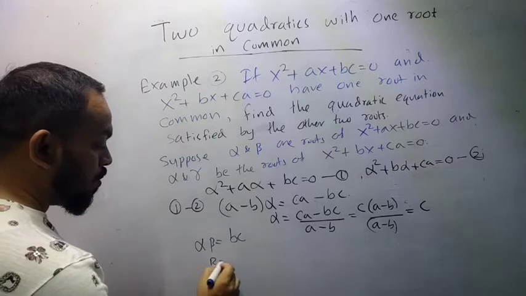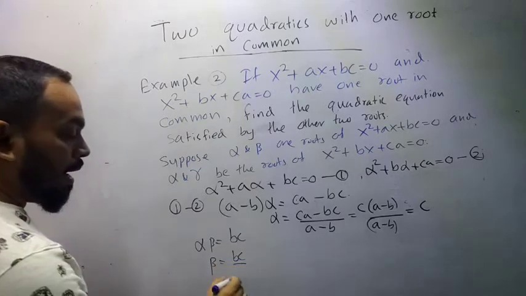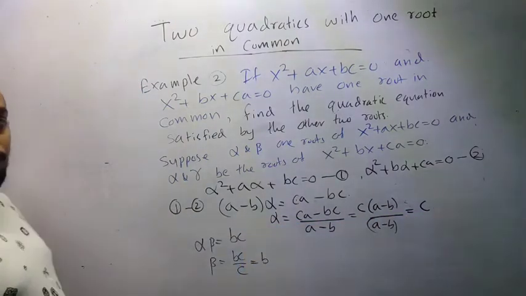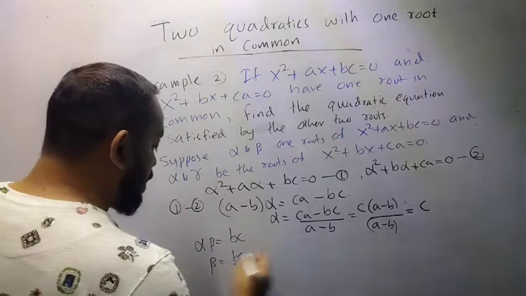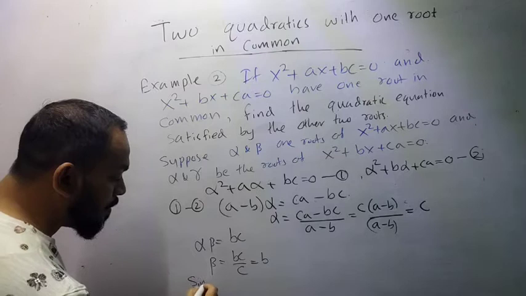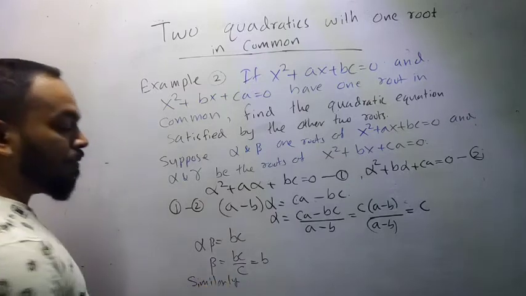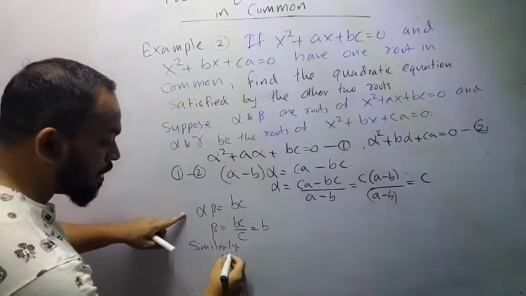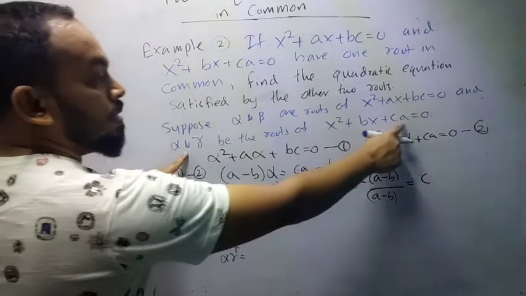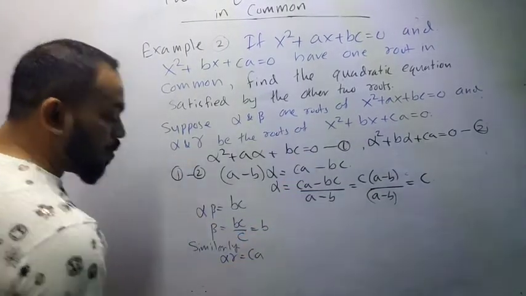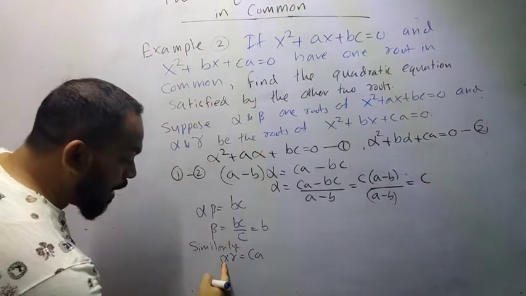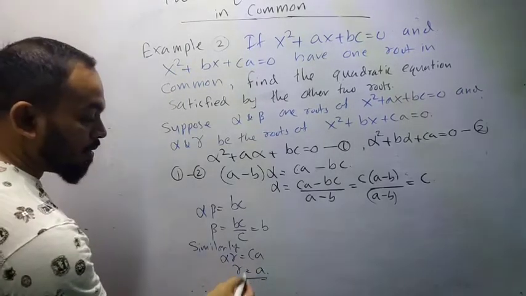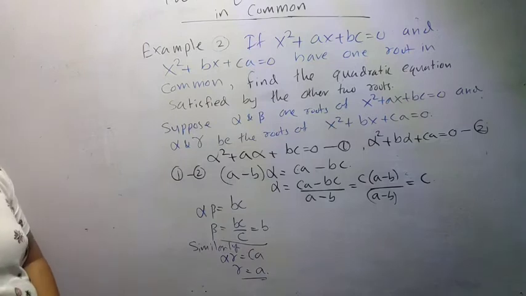This implies the other root beta is bc over alpha. Now alpha is c, so the other root is b, right? Similarly, what would gamma be? Alpha times gamma would be ca over 1, but alpha is c, so gamma is a. You can see we found beta and gamma in this case, right?